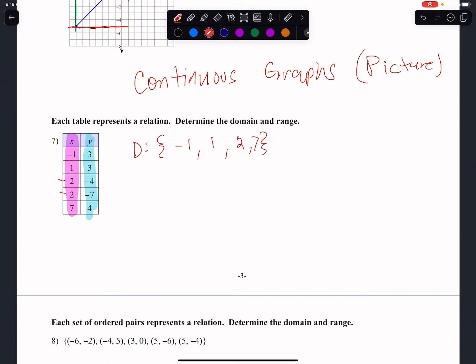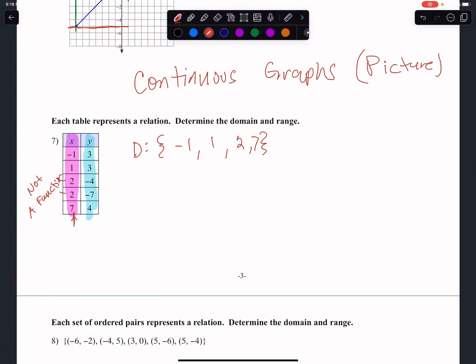By the way, because your two 2s repeat, this is not a function. We don't want any extras to repeat. That's no good.